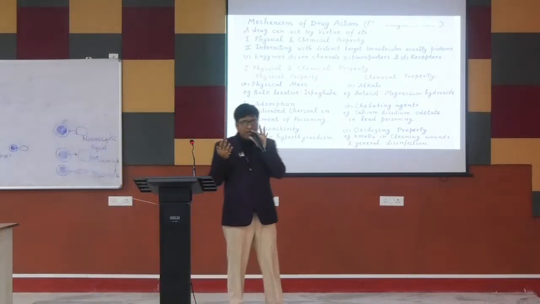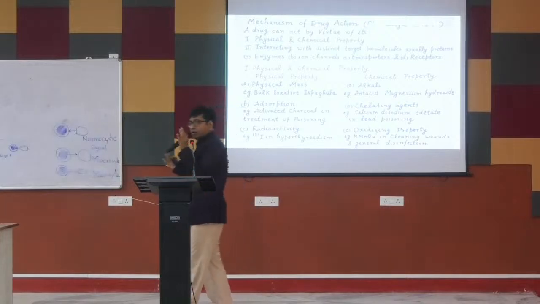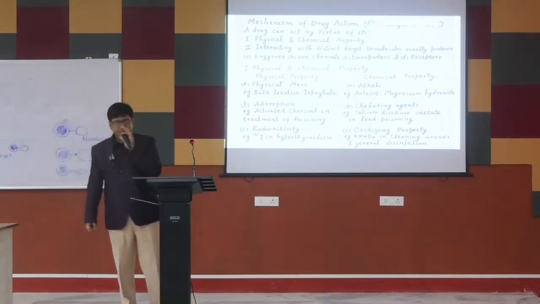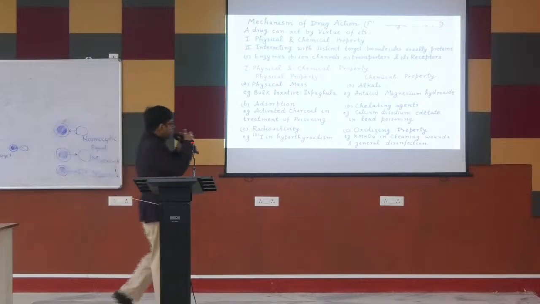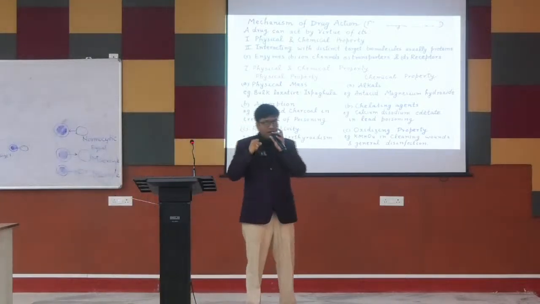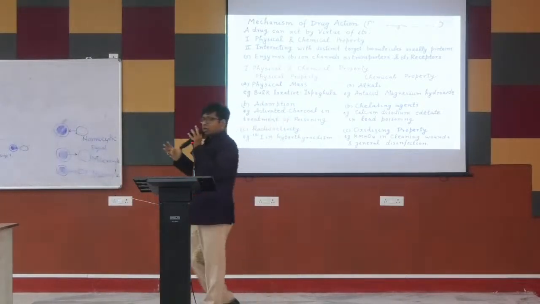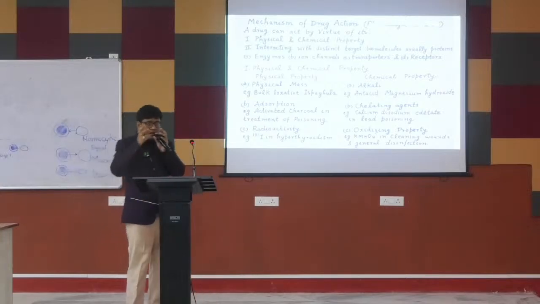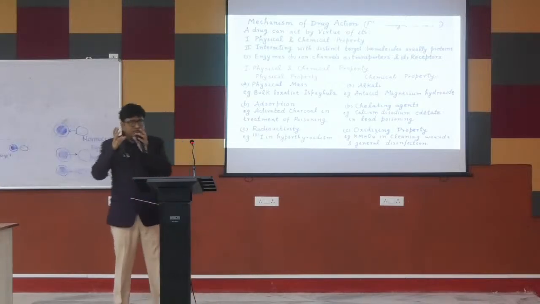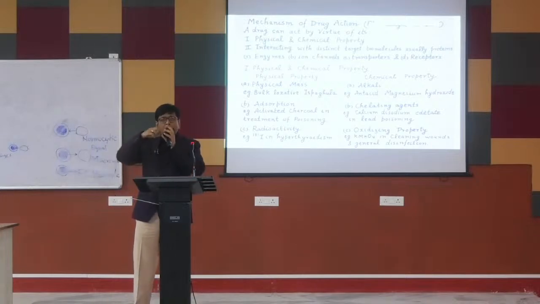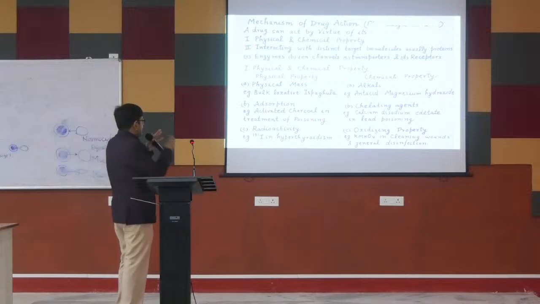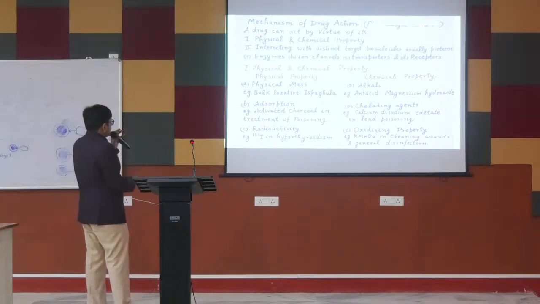Many of you might have taken or have seen people taking isabgol. It is a laxative that softens stool and relieves constipation. When you take isabgol, it absorbs water. It swells up in the GI tract and increases peristalsis. So here, by virtue of its physical property of absorbing water and swelling up, isabgol is acting. So this is an example of how a drug can act by virtue of its physical property.